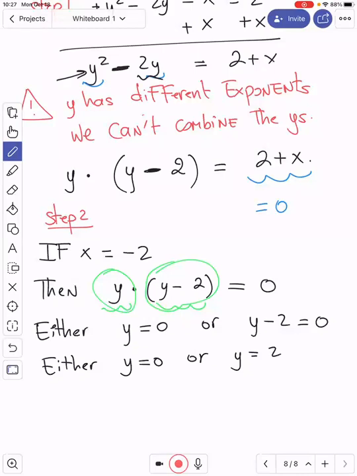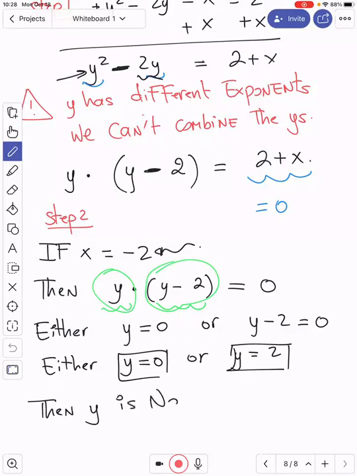So as you can see, if my x is negative 2, then I got two possible outputs, y equals 0 or y equals 2. So y is actually not a function of x.